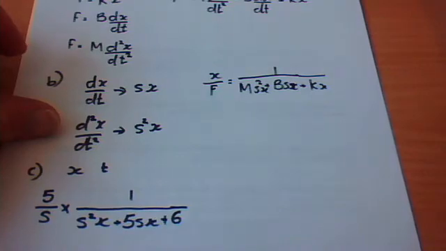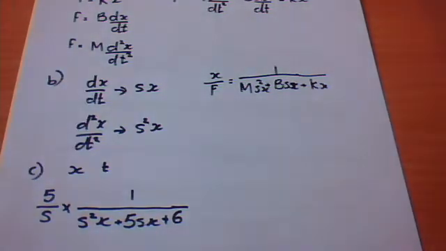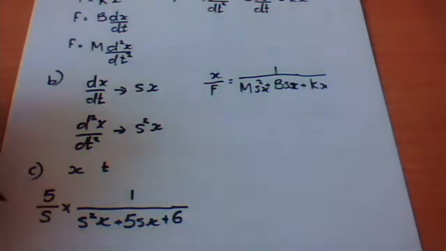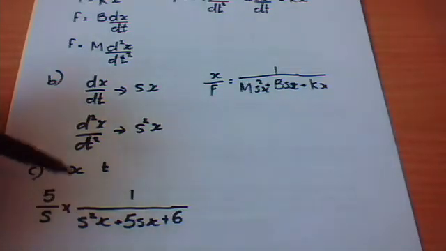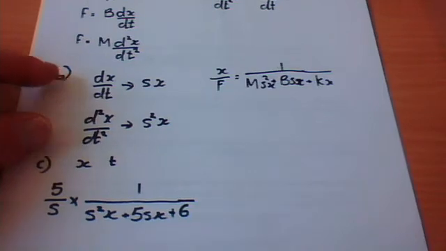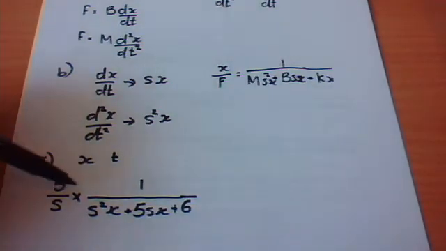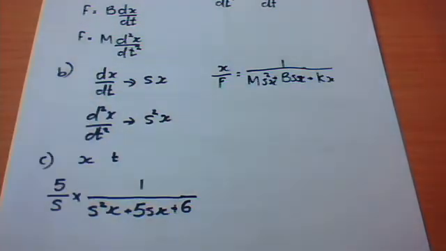Okay, so what we're going to do is get the inverse Laplace transform, which will take these values and turn them into the time value. To do that we need to separate the variables so it matches the Laplace transform values.